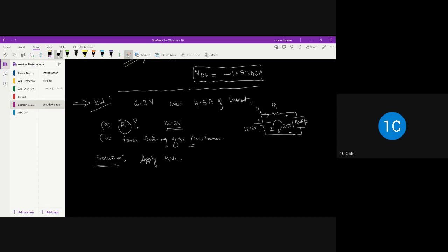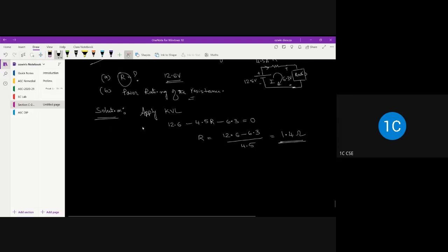How much is it? 4.5 amperes. So basically this is 12.6 minus 4.5 into R minus 6.3 is equal to 0, or R is equal to 12.6 minus 6.3, that is the differential potential, divided by the current. As your friend mentioned, this value is 1.4 ohms. That's the first part.